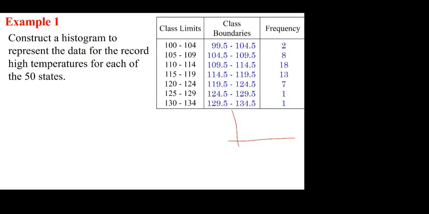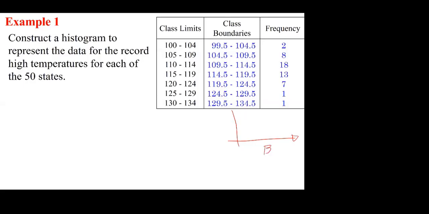You can use the boundaries. You can even use the midpoints. However, later on, we discuss a graph called ogive, and in that case, we have only one choice, and that is using the boundaries. Because of that, it's a good practice that we use the boundaries along the horizontal axis. So I would use the boundaries here.